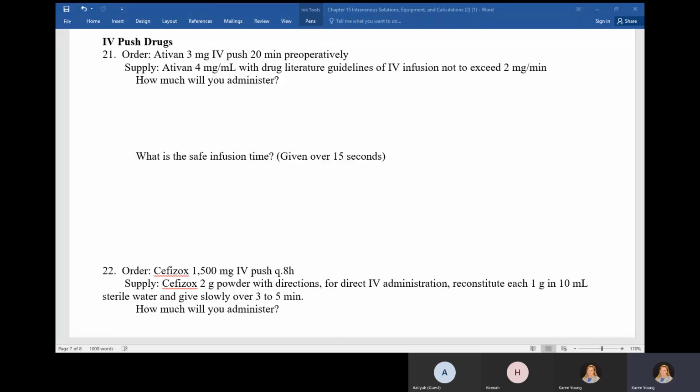Okay, hang on. She's muted. I've got to get y'all over here where you can see her.